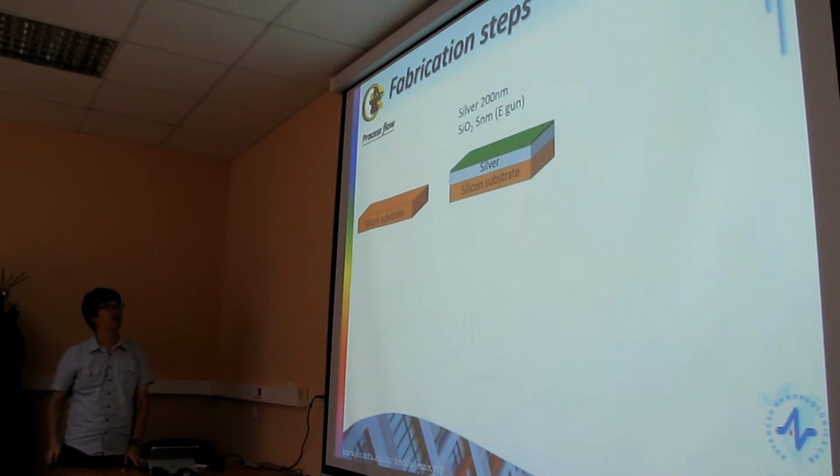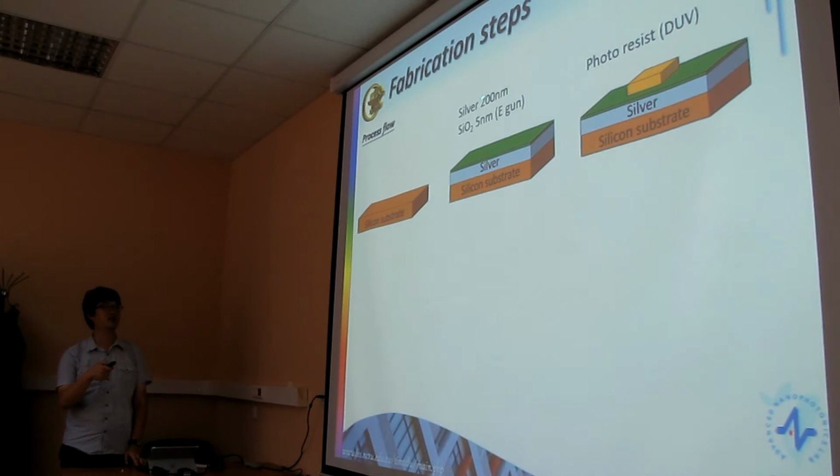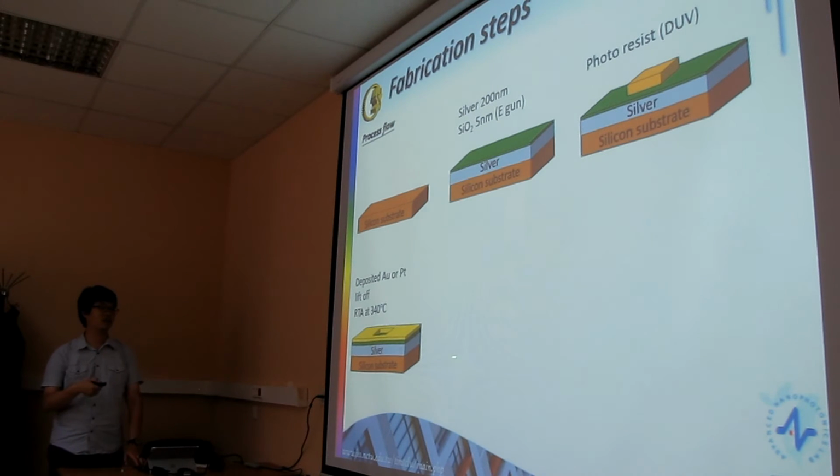So this is our fabrication step. We deposit silver onto the silicon and deposit the spacer onto the silver. By doing the DUV process, we can define the pattern on the sample.